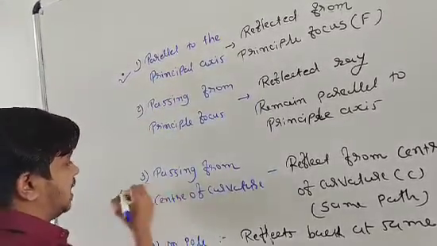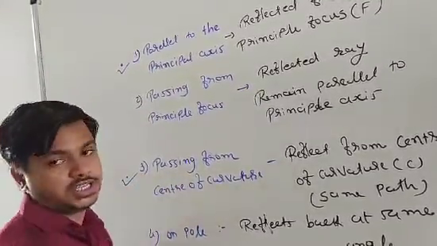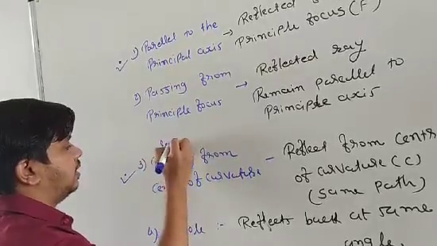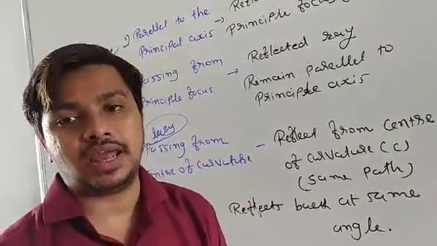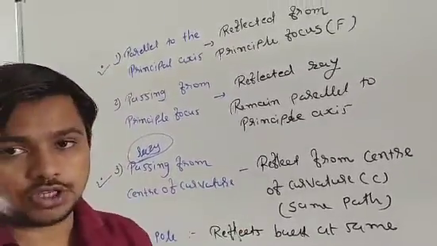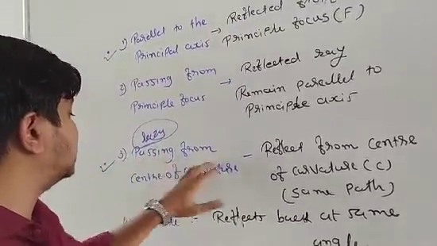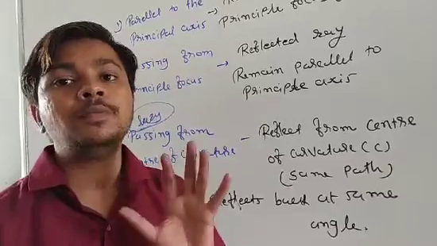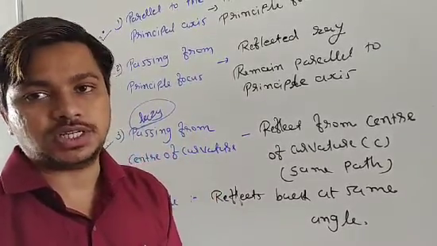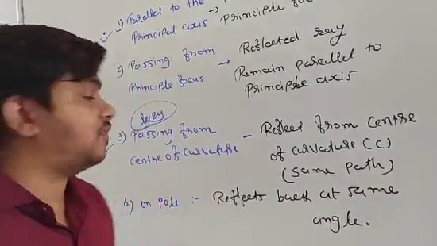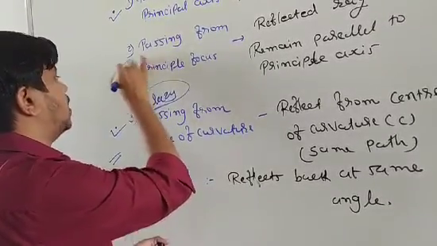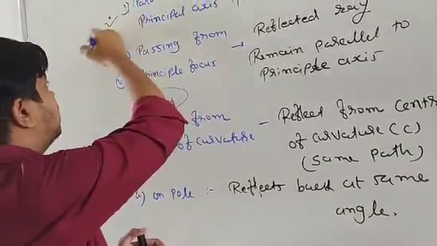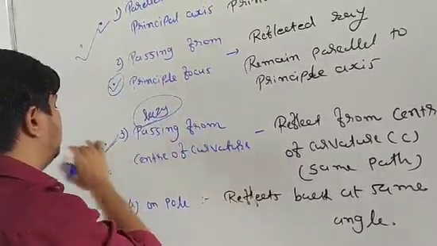And the second one is the ray passing through the center of curvature, because it is a lazy ray, right? We do not need to draw another ray for it, and because of that we use the ray passing through the center of curvature for most of the image formation. In some image formations, when we can't use this one, then we have to use the other. But mainly we use these two.